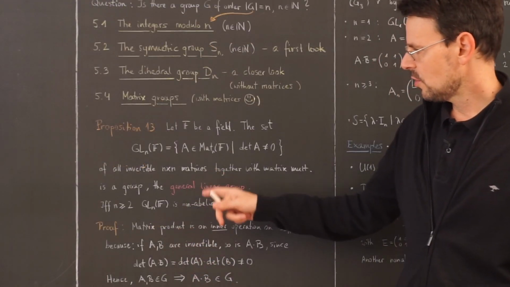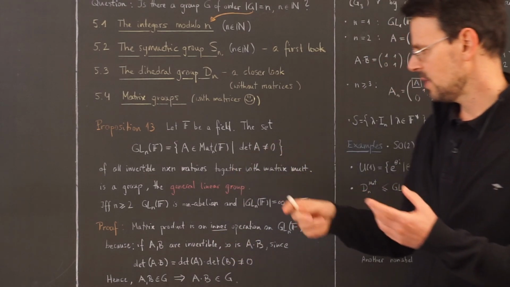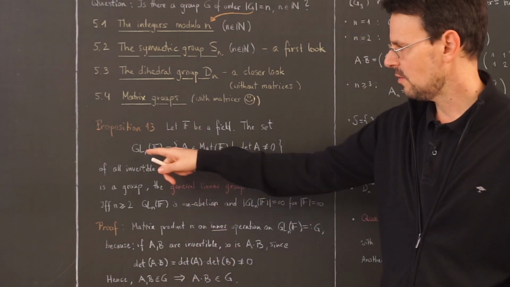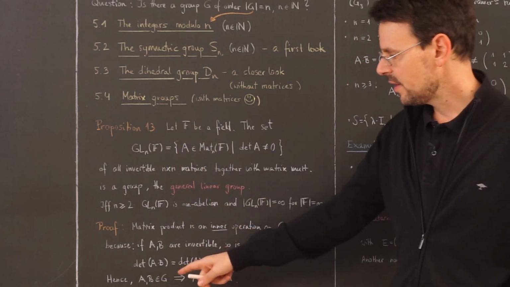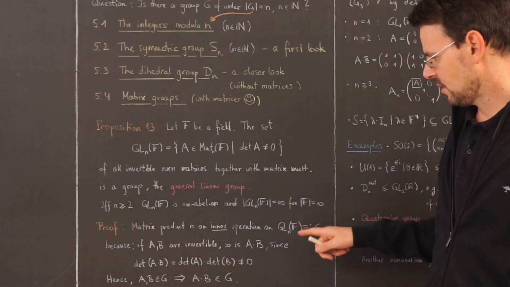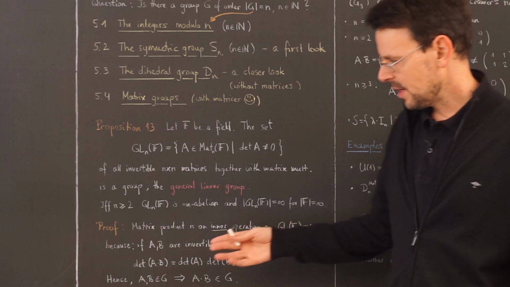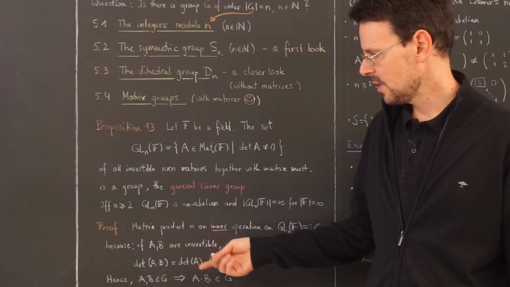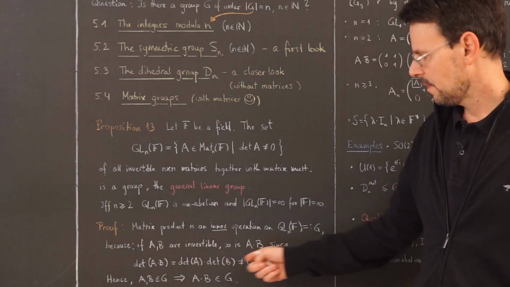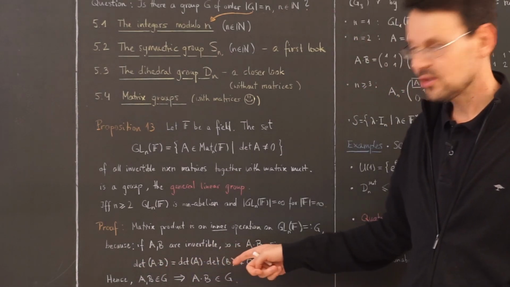First of all, we have to show that matrix multiplication is indeed an inner operation, meaning that if I take two matrices of this set here, then their product is again an element of this set. For this I abbreviate this here with G. But if you have ever heard about determinants, then you know that if A and B are invertible, then so is their product because of the determinant multiplication theorem.